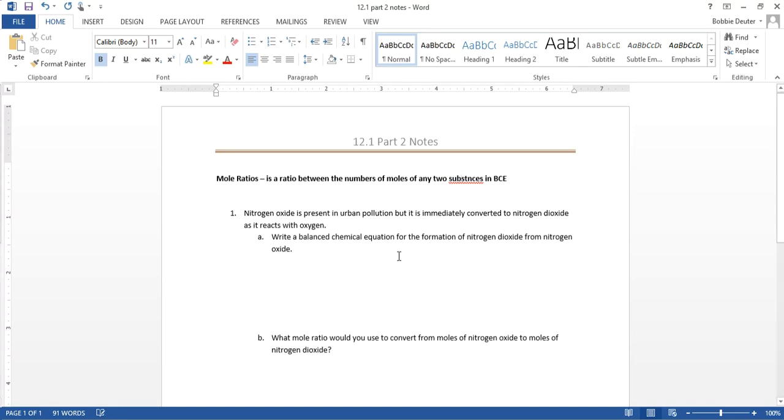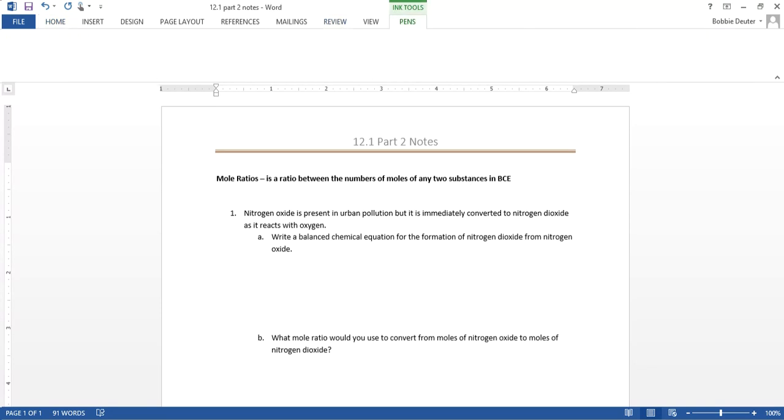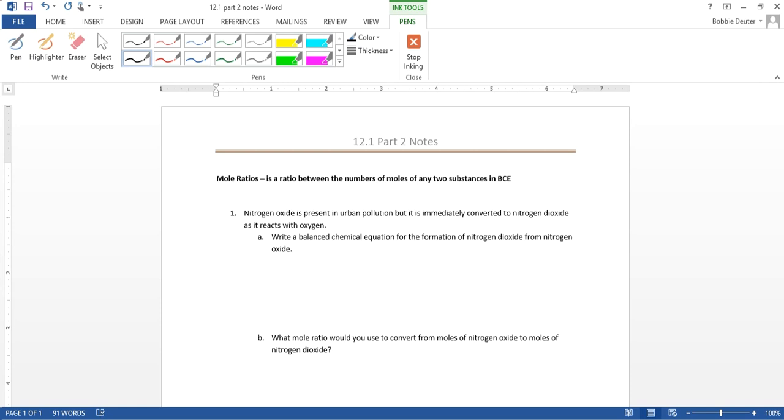So let's start off with writing a balanced chemical equation for the following problem. We have nitrogen oxide. It's present in urban pollution, and is immediately converted into nitrogen dioxide in the presence of oxygen.